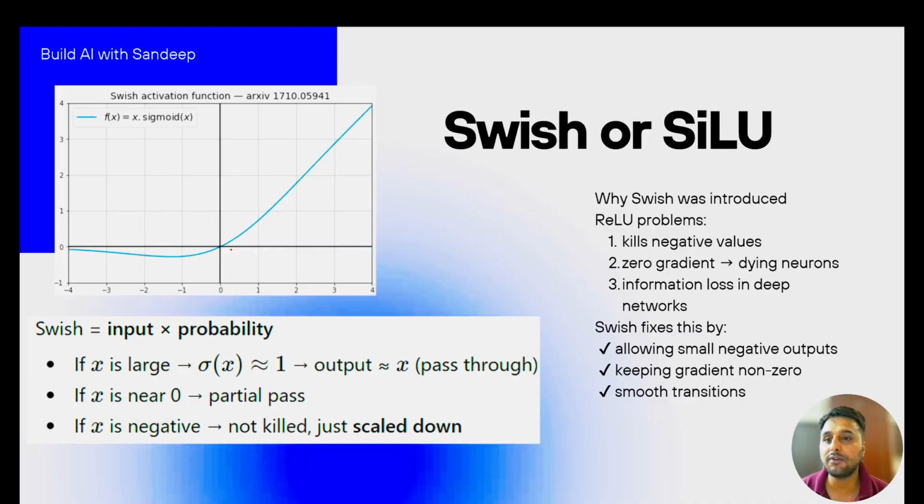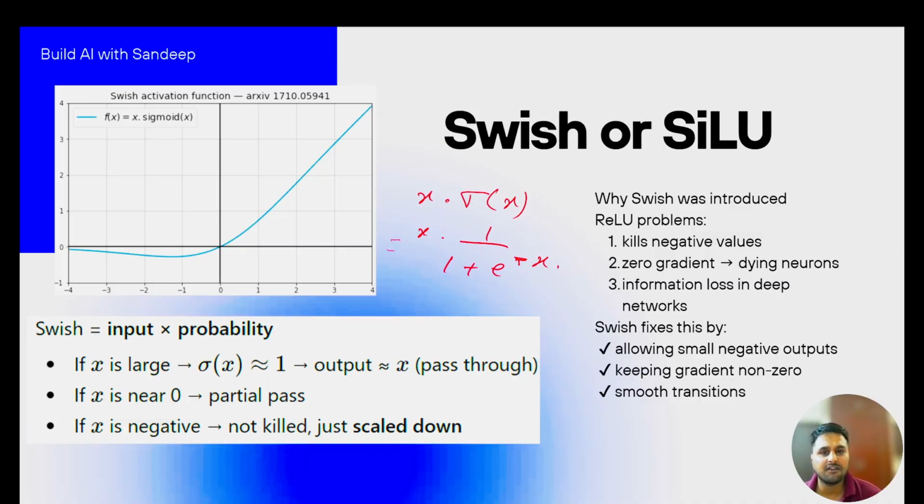And the Swish formula is very simple: x multiplied by sigmoid of x. I already told you the sigmoid formula. So this is a very basic formula for an activation function.